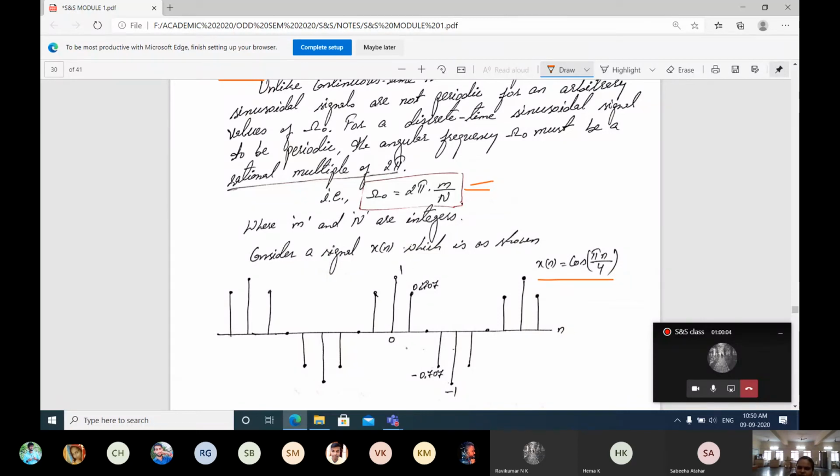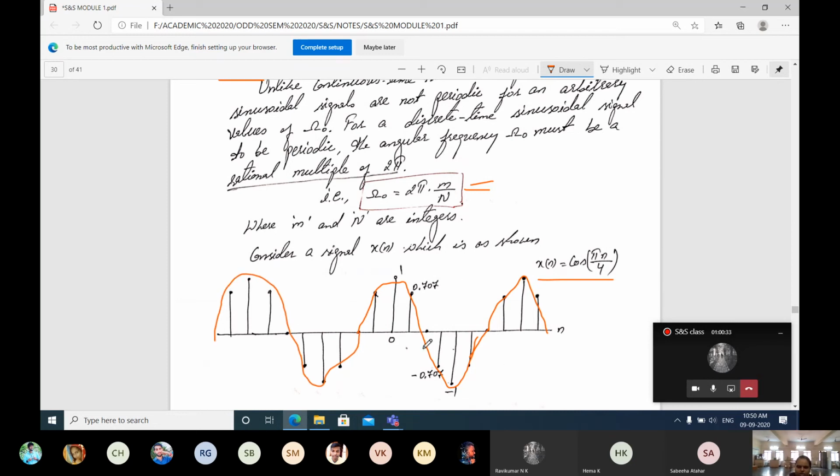When I substitute 1, you will get some value. That is one sample. If I go on substituting values for n, the signal you will get looks like this. This is like a cos function. Observe here.